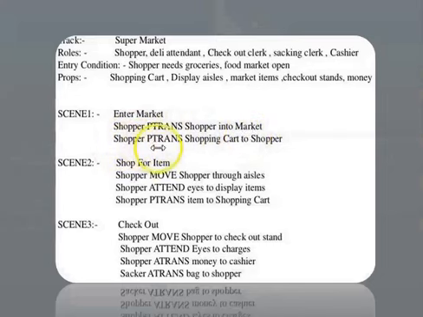Then shopper also P-trans shopping cart. There will be a shopping cart, and the shopping cart can be moved along with this shopper. The physical transfer of the shopper is taking place along with this shopping cart. Then scene number 2, shop for items.